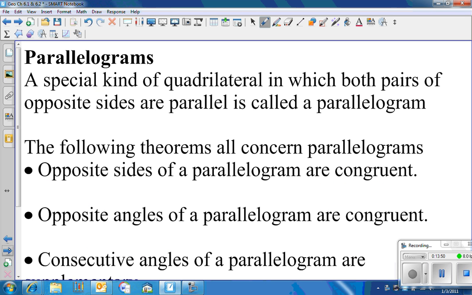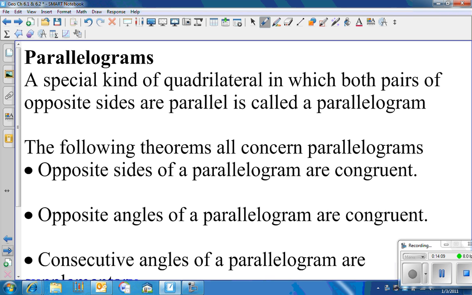All right, a parallelogram is a special kind of quadrilateral in which both pairs of opposite sides are parallel. All right, so a rectangle, a square, a rhombus, they're considered parallelograms. Opposite sides of parallelograms are congruent.